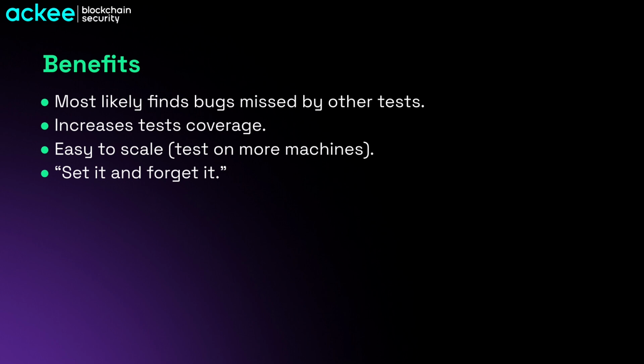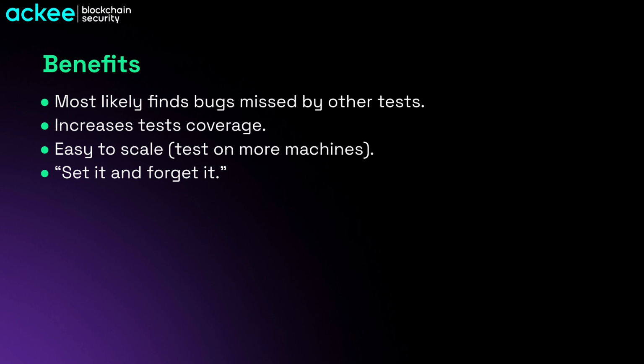What are the benefits of fuzzing? It is often said that it will most likely find bugs that are missed by other tests. This is due to the nature of fuzzing, which is automated and kind of random.